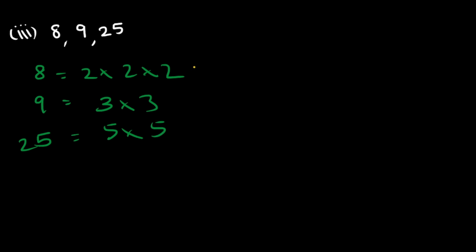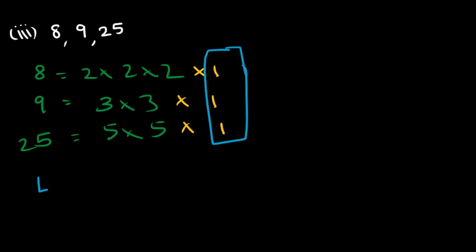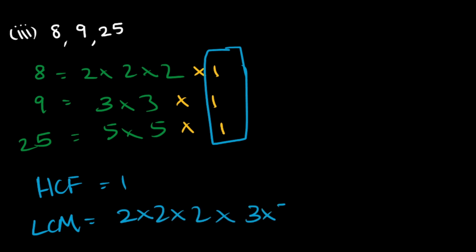And what's common? 1 is the highest common factor over here, right? So HCF is 1. What about LCM? LCM is 2 into 2 into 2, then you have 3 into 3, then you have 5 into 5. When you multiply this, you will get 1800. I hope this is clear.